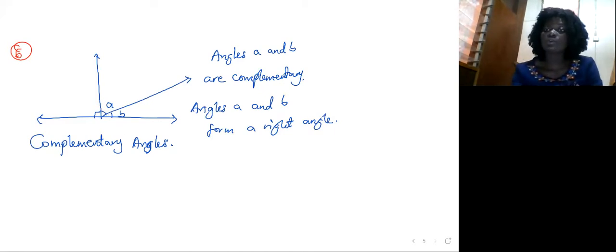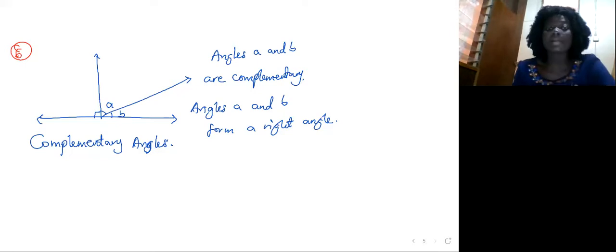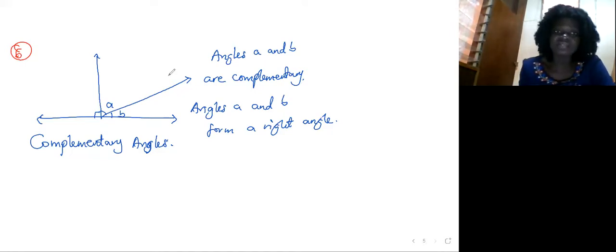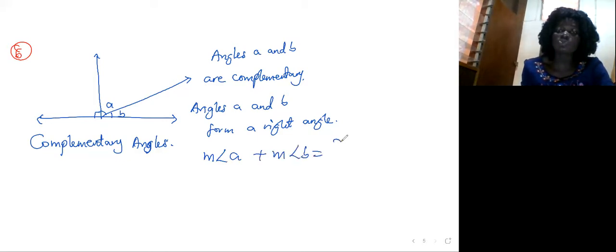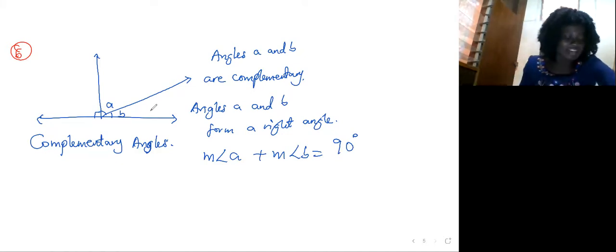Going back to what we said about right angles, we can say that angle A plus angle B is equal to 90 degrees because they form a right angle. That is called complementary angles. Okay, so let's move on.